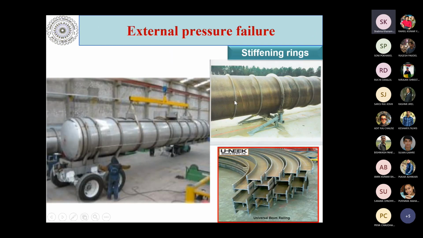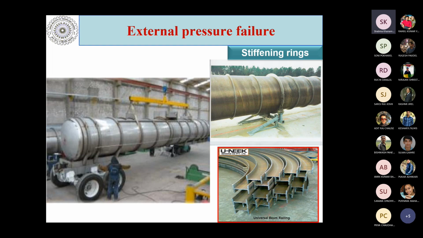When we place this stiffening ring, this is the distance. How this distance is decided depends on the critical length. We always need to place the stiffening rings within the critical length. If it is beyond the critical length, more length will be available for the pressure to act on, and it may squeeze the vessel.